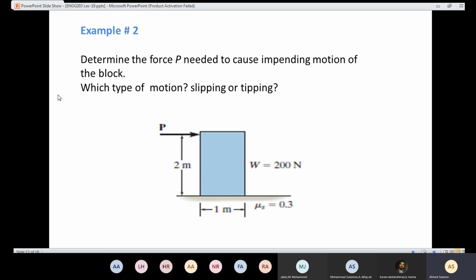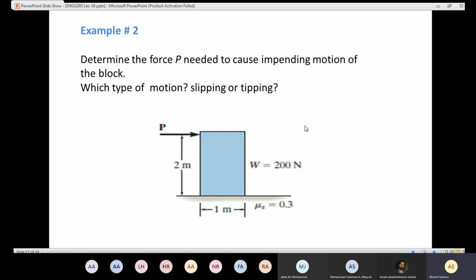The question says, determine the force P needed to cause impending motion of the block. So we need to know the value of P, the minimum force that will cause the box here to move. And then we need to know the type of movement, whether it's slipping or tipping.